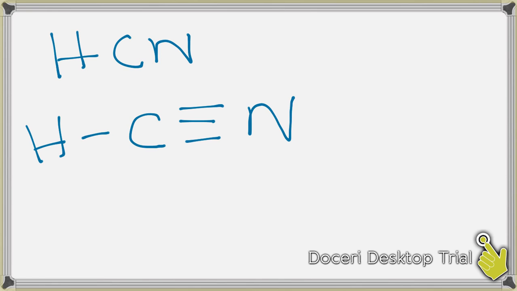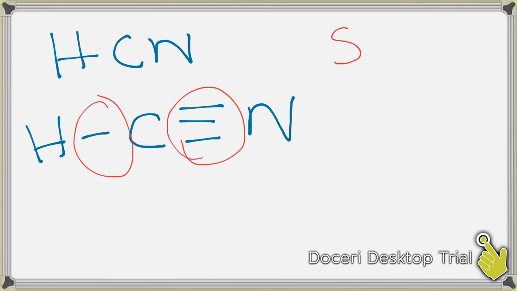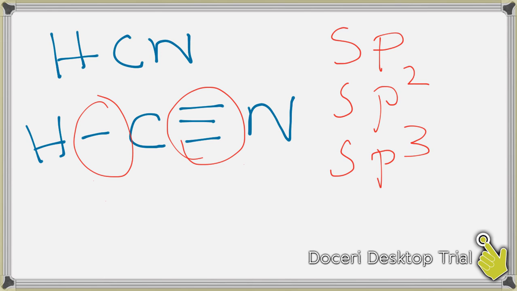So this is my HCN Lewis structure. How many electron domains? One, two, two electron domains. So it should have only two orbitals, right? My hybridizations are sp, sp2, sp3. So two domains, it's sp. This hybridization is sp hybridization. This is the easiest way to predict the hybridization.